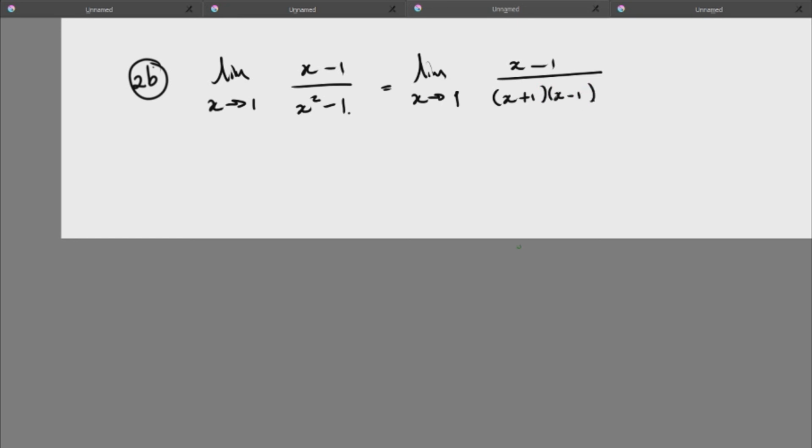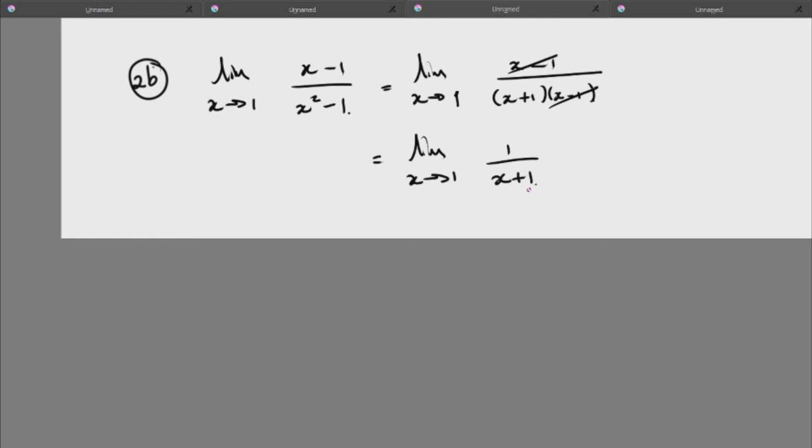And then I see, okay, whoa. There's an x minus 1 at the top, and an x minus 1 at the bottom. If I cancel those, which I can, it's just multiplication, it says that the behavior of the original function is the same as 1 over x plus 1.